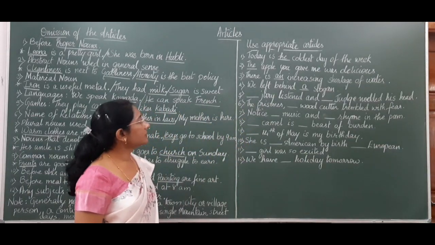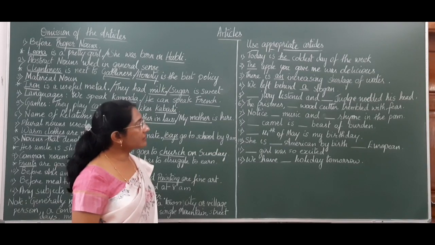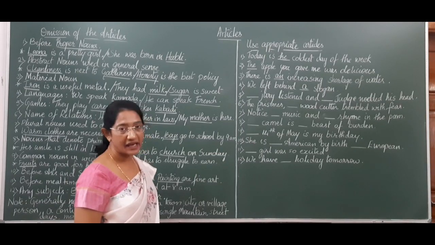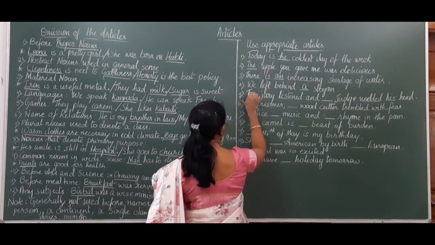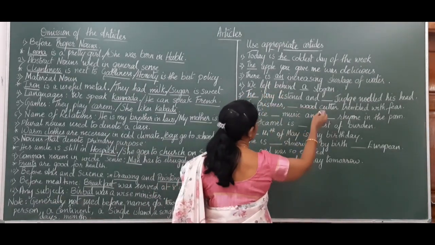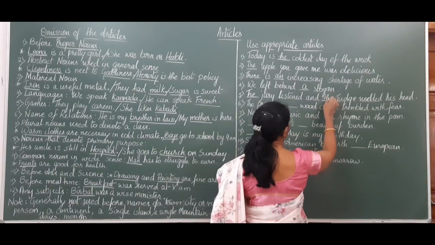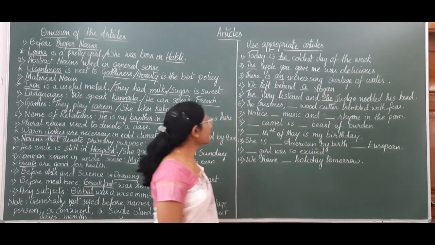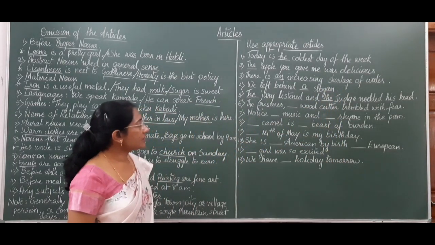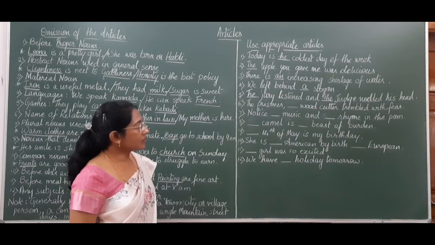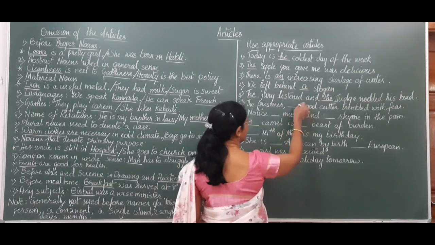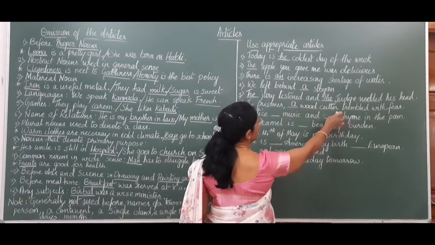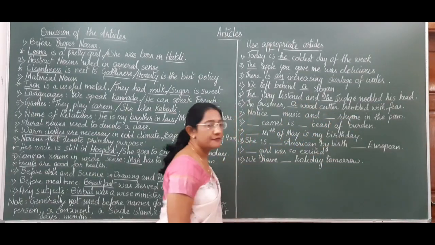Next, the jury listened and the judge nodded his head. So you are talking about a particular jury, the jury and the judge. The prisoner, a woodcutter, because it is a consonant sound. A woodcutter trembled with fear.